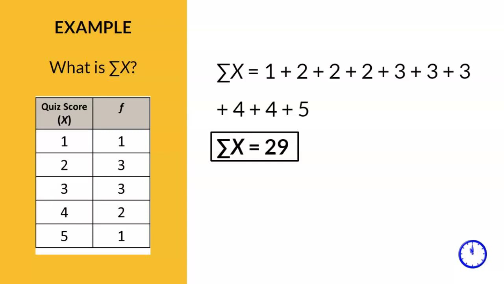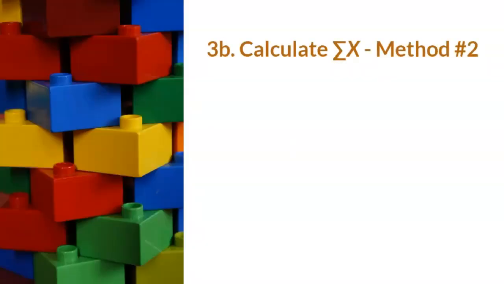The box indicates the final answer. Method number 1 works well for ungrouped frequency tables with small frequency values. Method number 2 is faster and works better for ungrouped frequency tables with larger values.